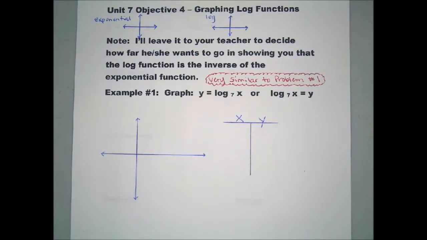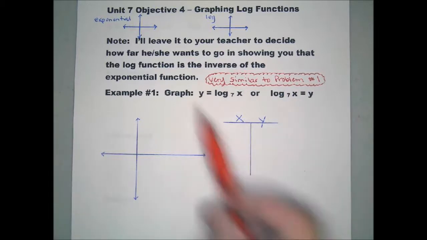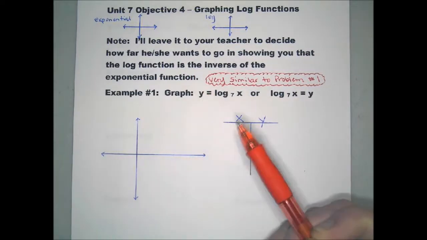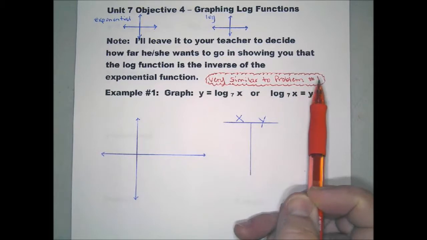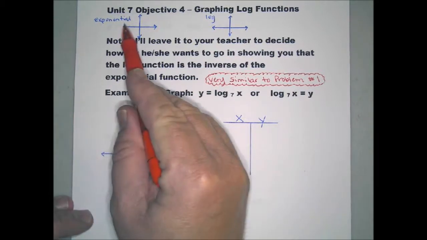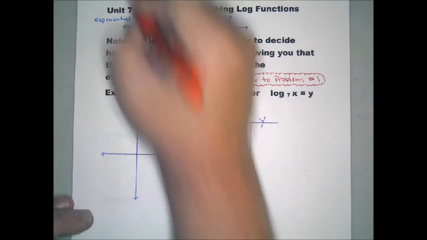In Objective 4, we're going to venture into the world of graphing log functions. Now, I'm going to leave it up to your teacher to decide how far he or she wants to go in showing you that the log function is the inverse of the exponential function. But it is worth knowing this, because the exponential graph looks like this.